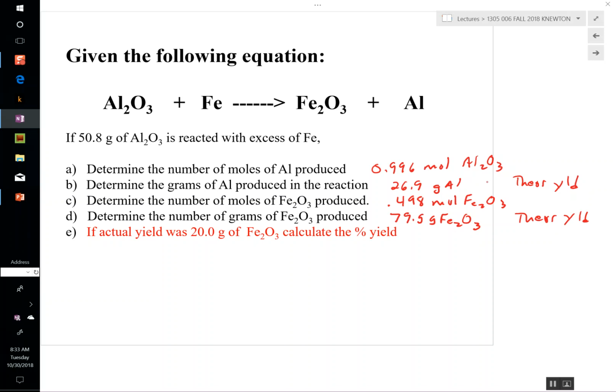Well, let me give you a real practical example of theoretical versus actual. What is the theoretical capacity of this room? How many students can sit in this room? Now, just figure the tables. We've got 4, 4, and 4.